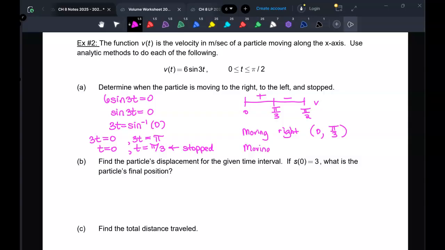How is it negative? When you took 2 pi over 3. No, but it's sine of 3t. Just think about our actual graph of the sine function. Remember, this changes the period.